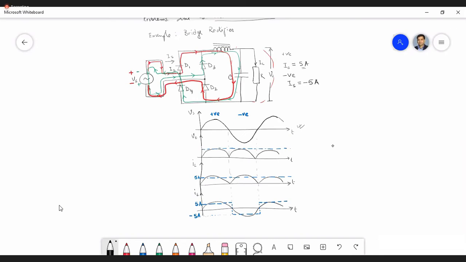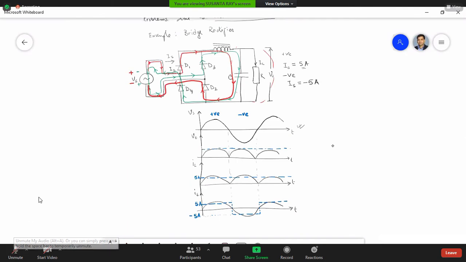Got my point? I'm asking, when there was no filter, in that case will we get a sinusoidal source current or a different source current? So yes, for a resistive load, we will get the sinusoid. The load is resistive only, but without filter.